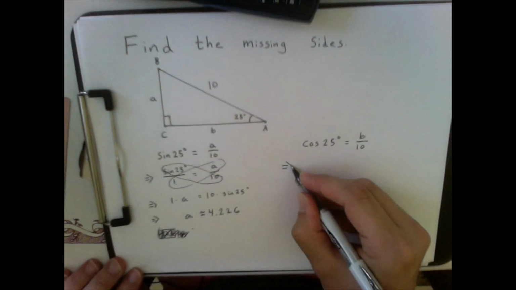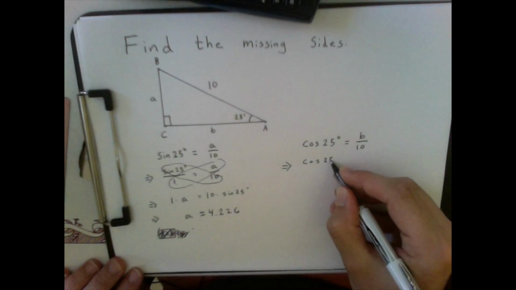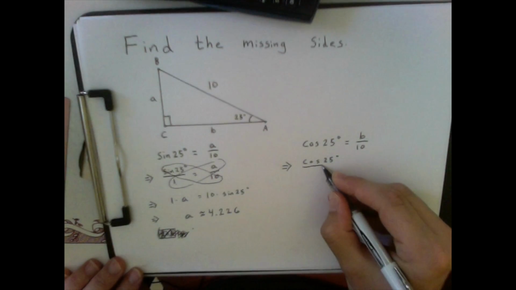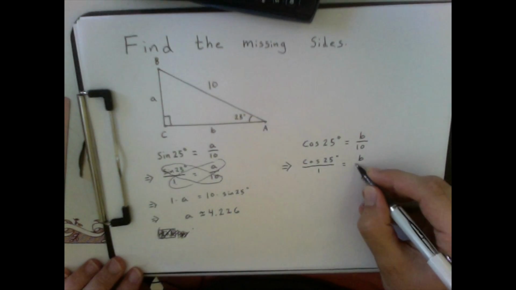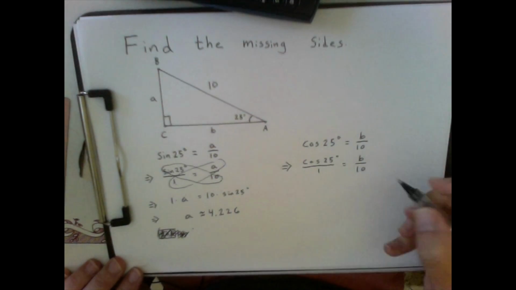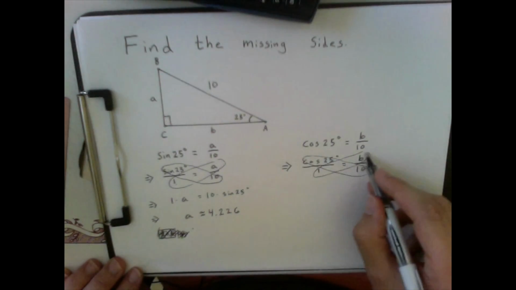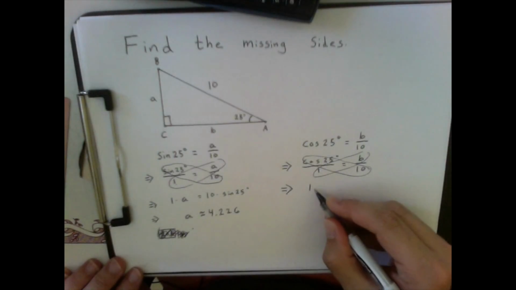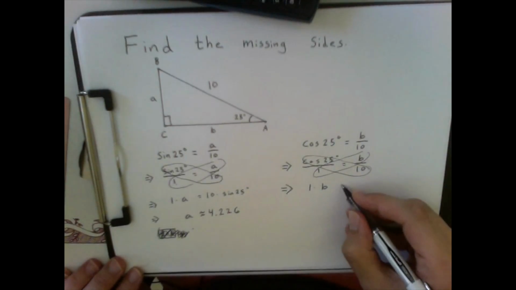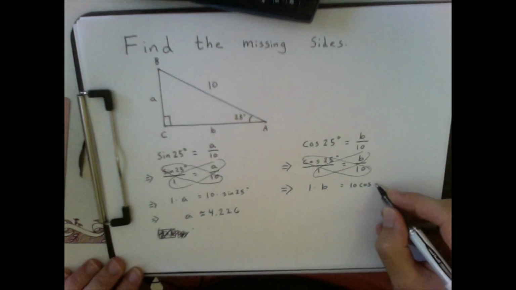So we're going to put cosine of 25 degrees over 1 with the idea of cross multiplying. And now we're ready to cross multiply. And we get 1 times B equal to 10 cosine of 25 degrees.